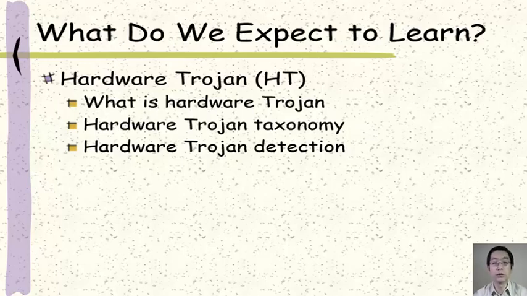It is very important to do such a study because instead of studying dozens or hundreds of different hardware Trojans, we can focus on several different categories. And within each category, we can study the similarities between different hardware Trojans. We can capture their physical characteristics, and we can develop benchmarks to do the testing. And more important, we can develop hardware Trojan detection mechanisms.